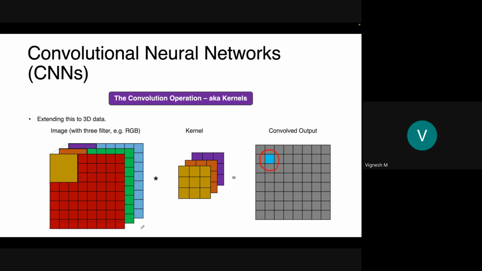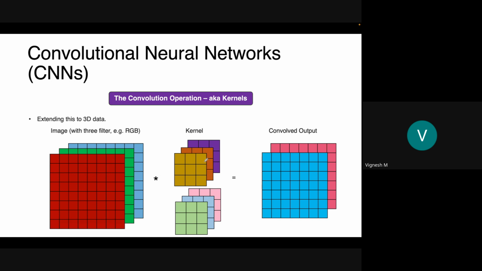Right now the image is n cross 3, the kernel is k cross 3, but the output image would be n cross 1. Let's say we did some padding and all that. So you just get one feature map for this kernel.